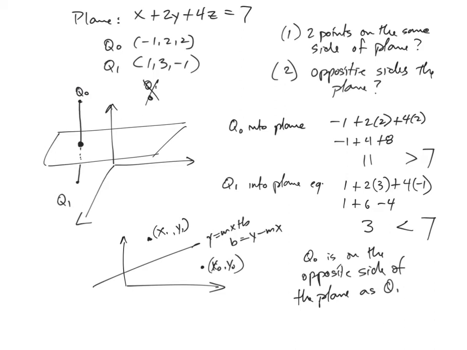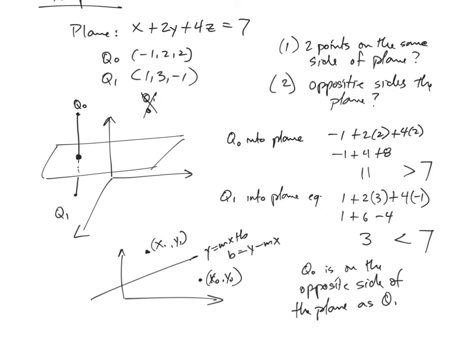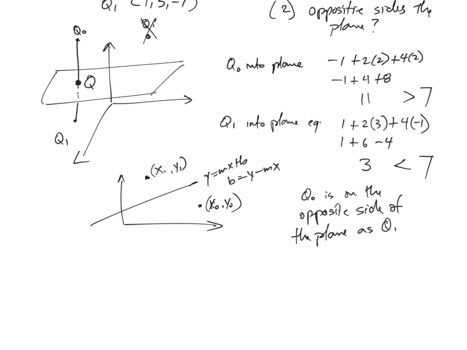Okay, well, can we find this intersection point Q? Yep, we can. It's just 2 points in space. We know the coordinates for Q0 and Q1, so we can find the line equation for that, right?